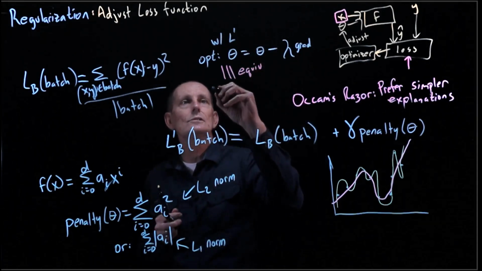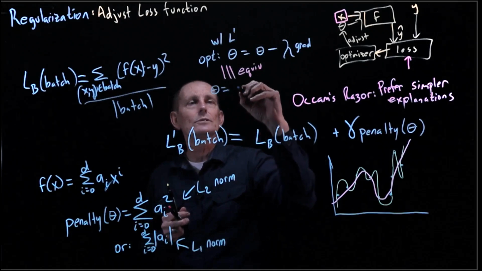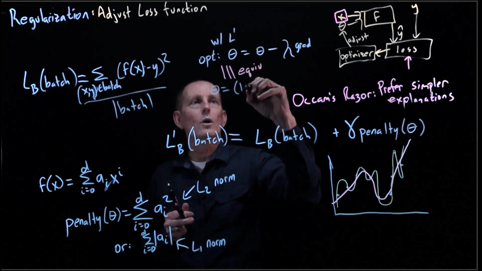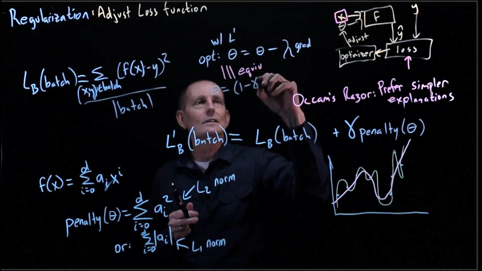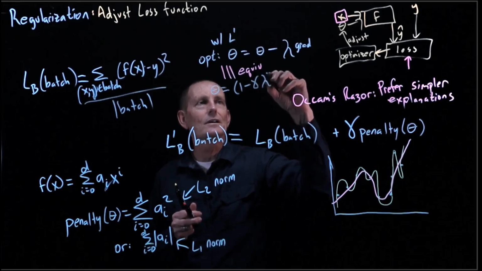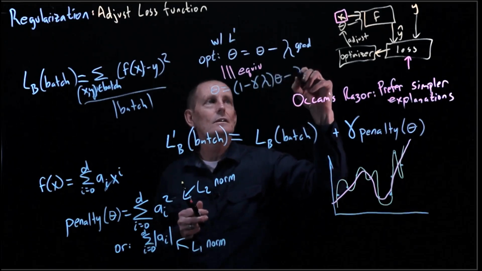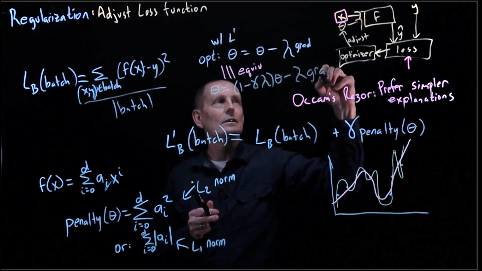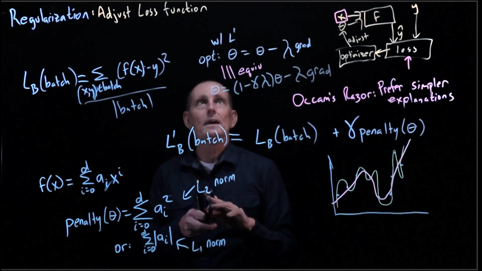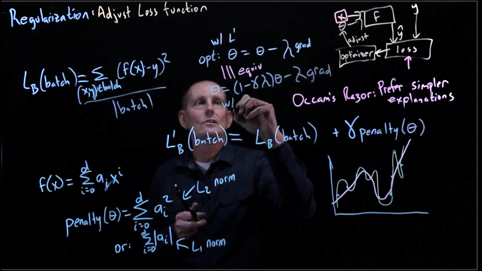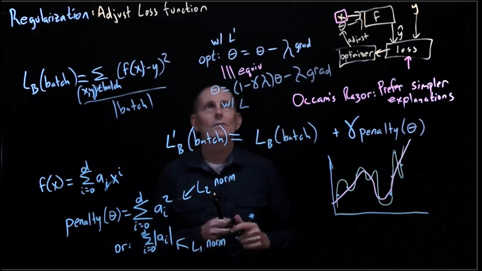to theta equals 1 minus gamma lambda theta minus lambda the gradient. And this is with the original L instead of L prime.